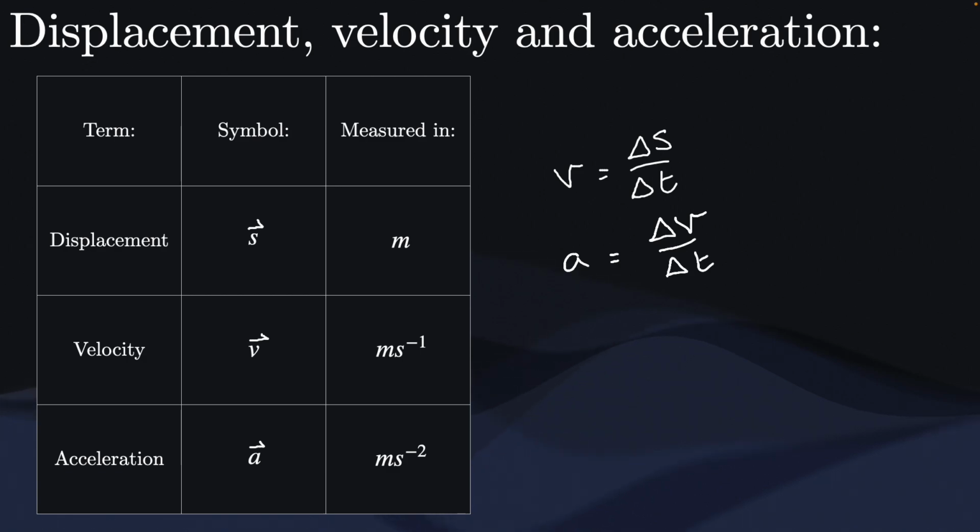One thing that is super useful in these IB exams is that most of the time acceleration is kept constant, which means the rate of change of velocity doesn't change.